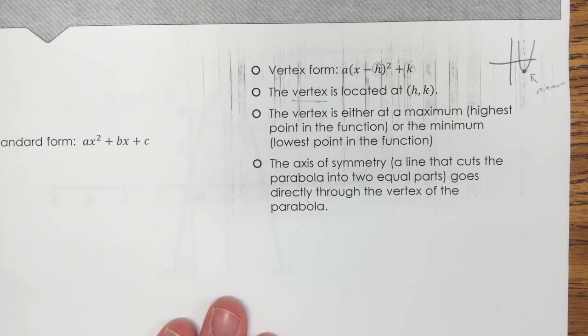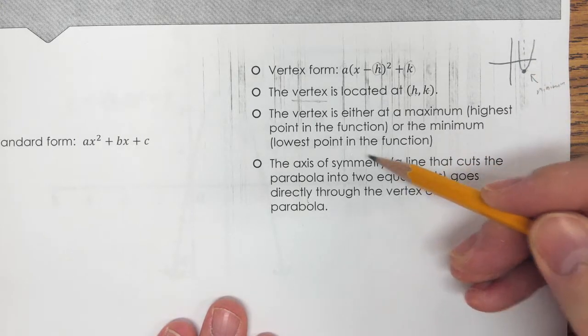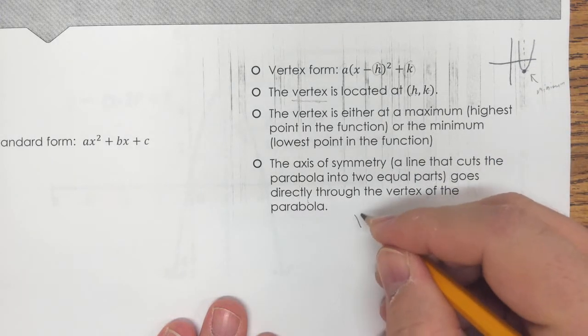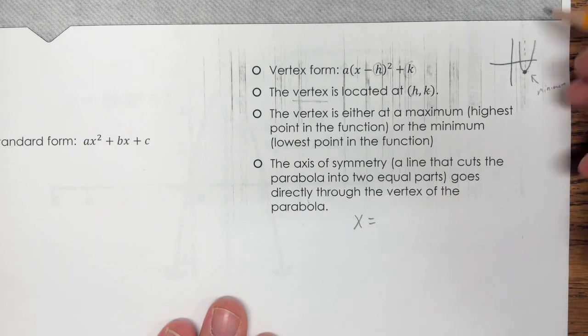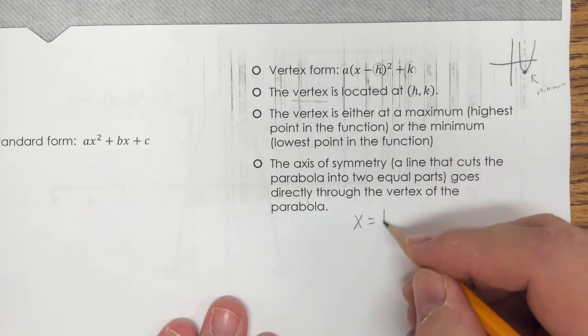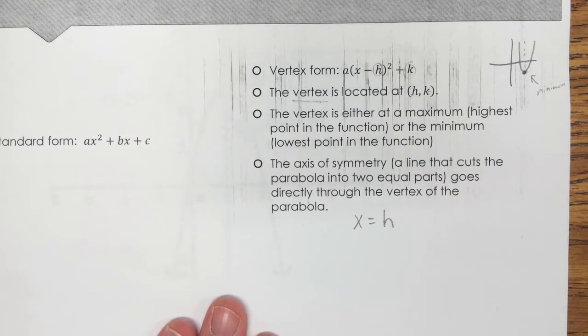So if I was looking for the equation for the axis of symmetry, this is a vertical line, so I know that it's going to be x equals something, because vertical lines are always x equals. And then I just take the h value of the vertex, and that's my equation for my axis of symmetry.